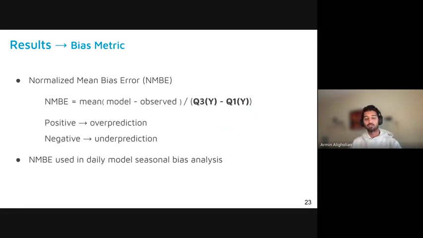And in order to compare these meters by meters, we divide it by, again, that range, the interquartile range, Q3 minus Q1. It looks like PNRMSE, but basically that shows the normalized mean bias error. If this value is positive, we have over prediction, which means the model is over predicting. And if it's negative, we have under prediction. So next slide, please.